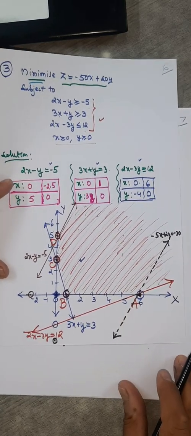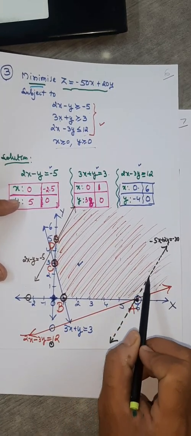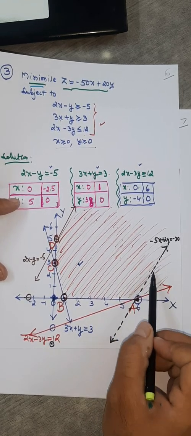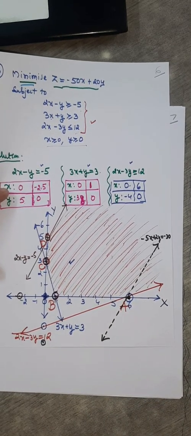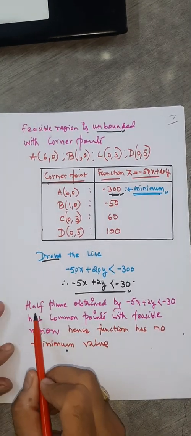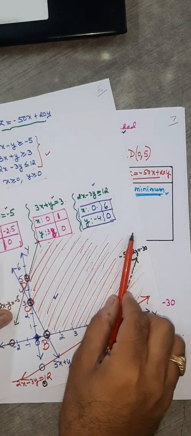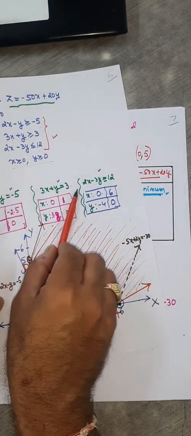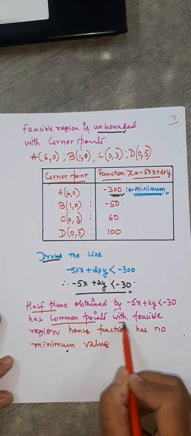Now theory says we check whether the half plane determined by this line has any common points with the feasible region. Whether it is this half plane or this half plane, it has common points with the feasible region.